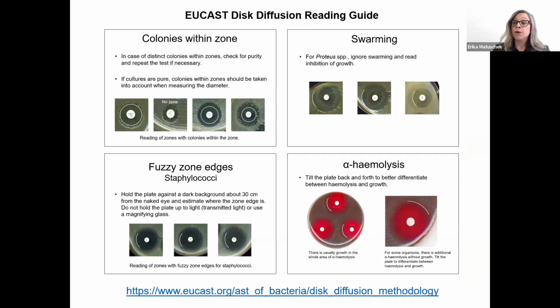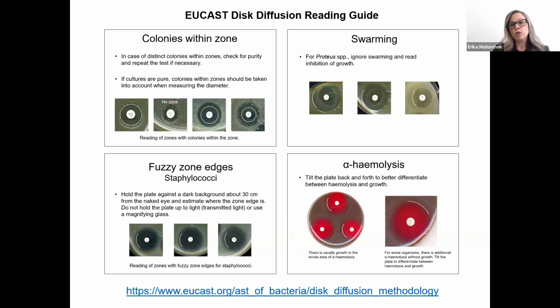We have a reading guide with many different examples on how to read zones. It contains both the general reading instructions and also some guidance on what you should do when you have fuzzy zones.